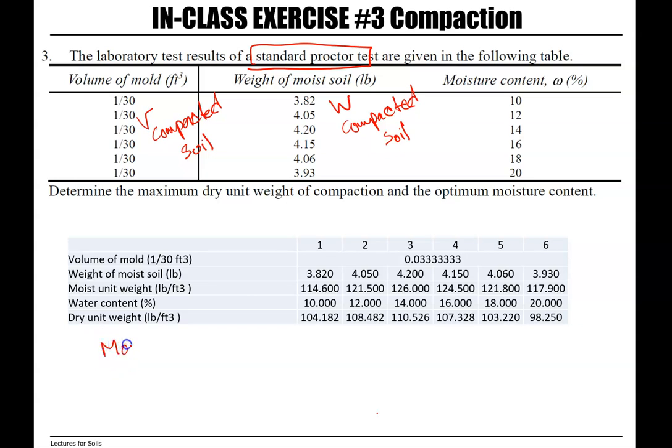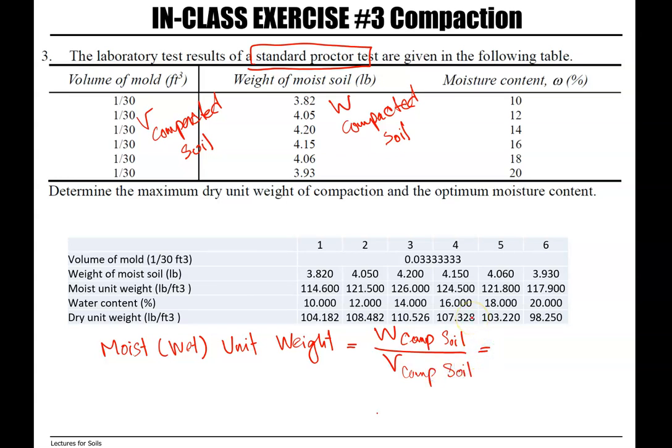So moist, or wet, unit weight is equal to weight of compacted soil divided by volume of compacted soil.